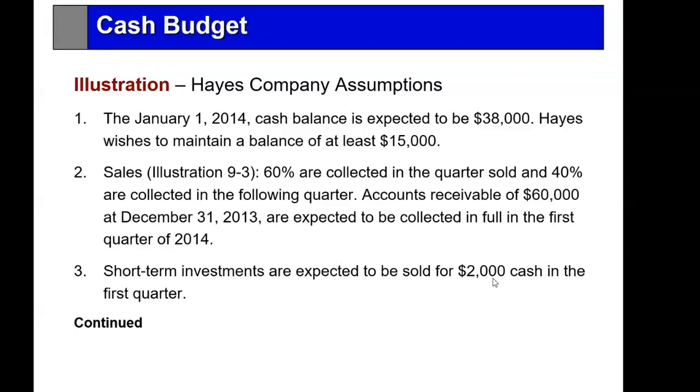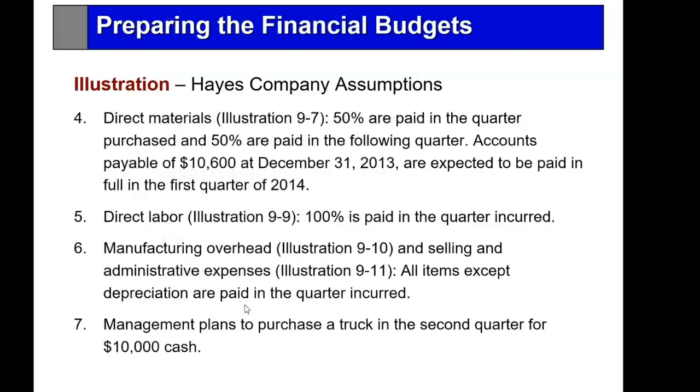Also, we expect a short-term investment. We're going to be selling for 2,000 in the first quarter. Now, the other assumption here, direct materials. When I purchase direct materials, I have an account with my suppliers.